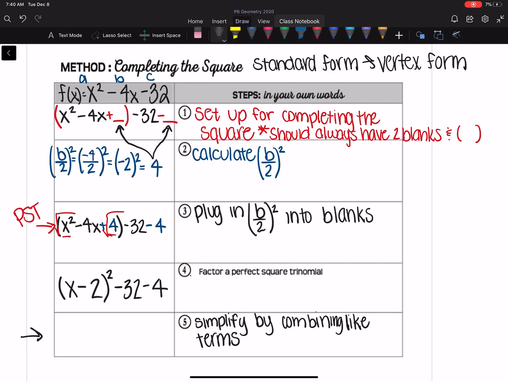My last step just says that we're going to simplify by combining like terms. So I want to simplify and combine this negative 32 and negative 4 together. I'm also going to add in my function notation, which is what we started with.